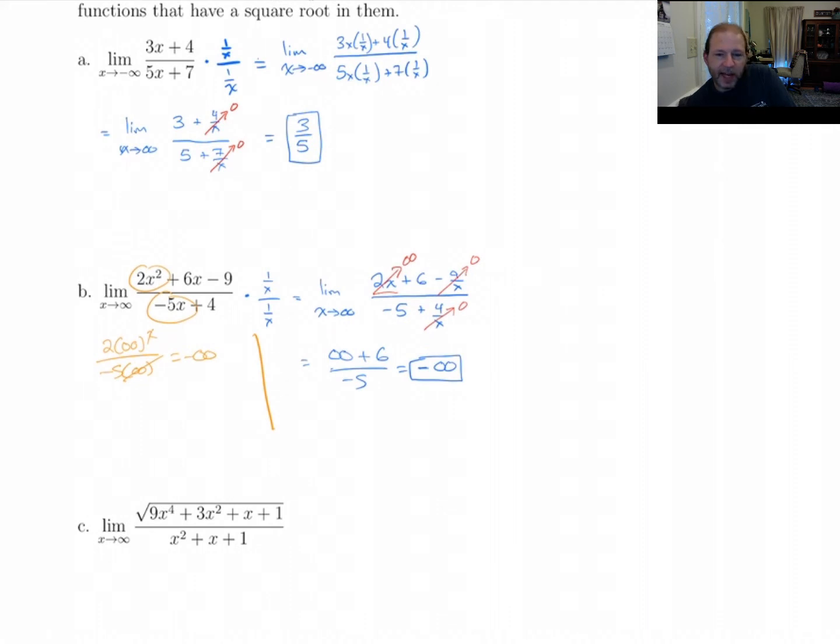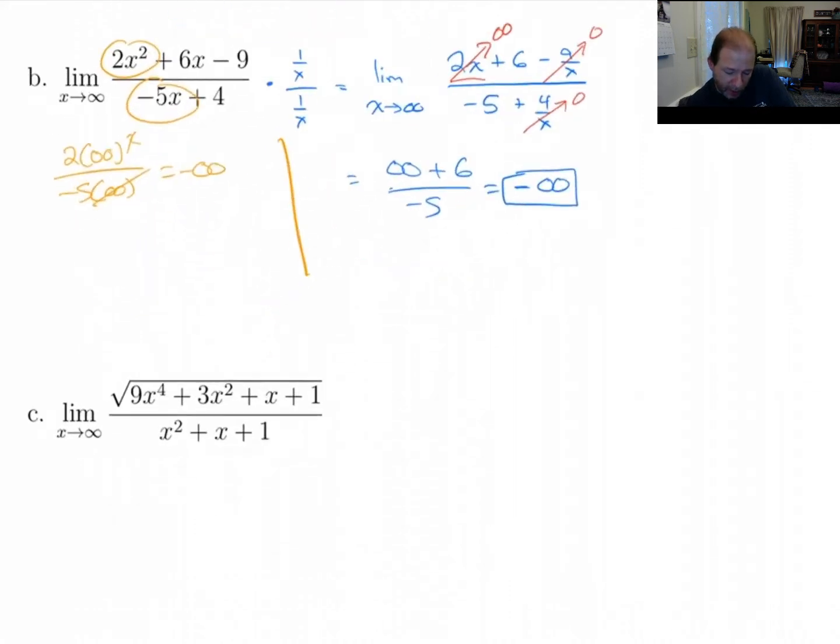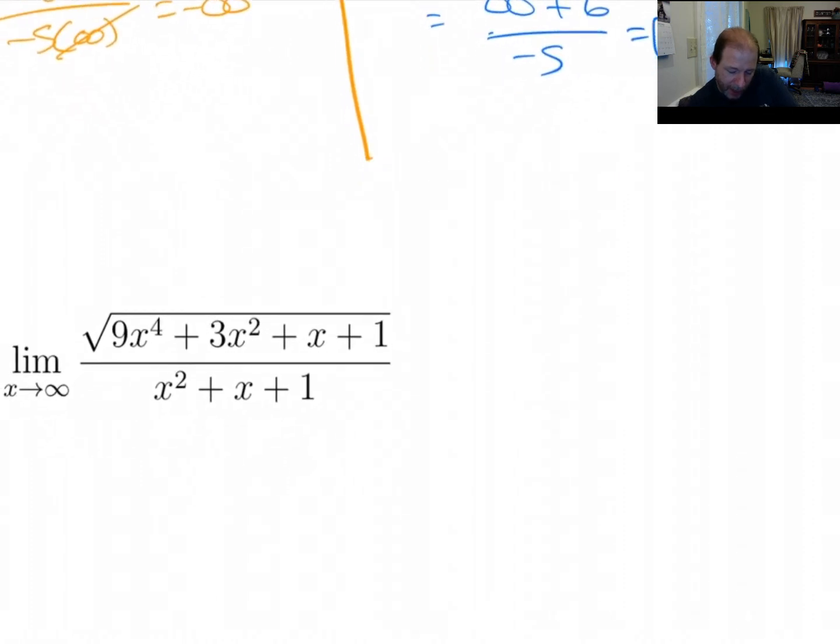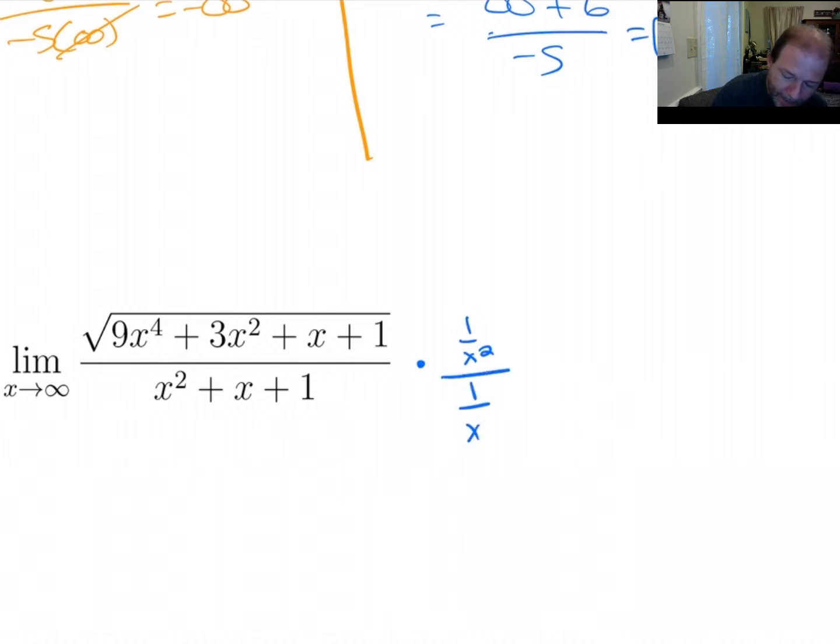All right, this looks nasty, but it's really not that bad. All I need to do is take this and multiply the top and bottom both by, in this case, 1 over x squared. Because remember, the thing we're multiplying by here is 1 over x to the degree of the bottom. So since this is x squared down here, we're going to multiply by 1 over x squared.